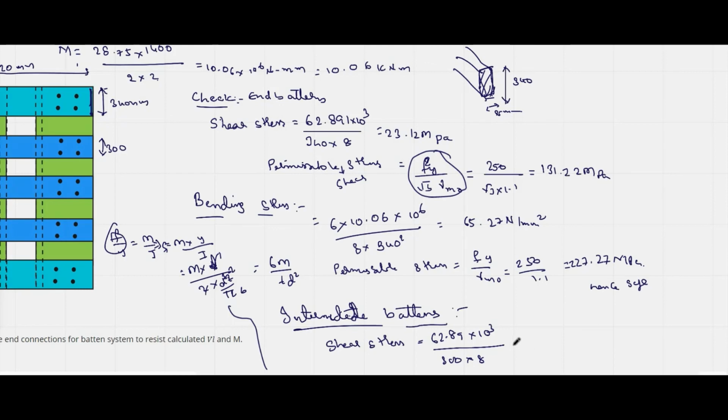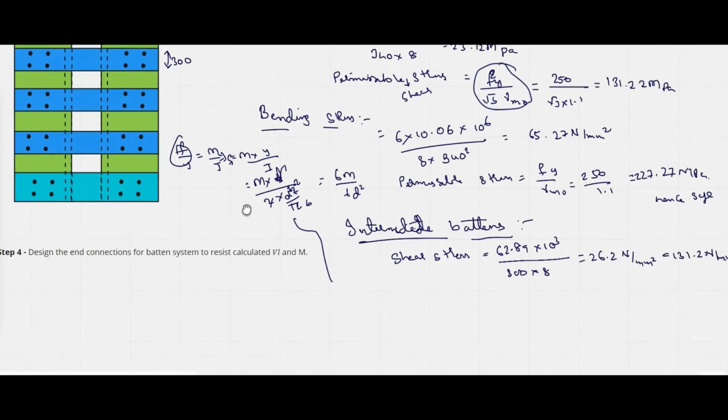This value will be across 26.2 newton per mm square, which is under the permissible stress we have already calculated, 131.2 newton per mm square. Hence it is safe under shear stress.